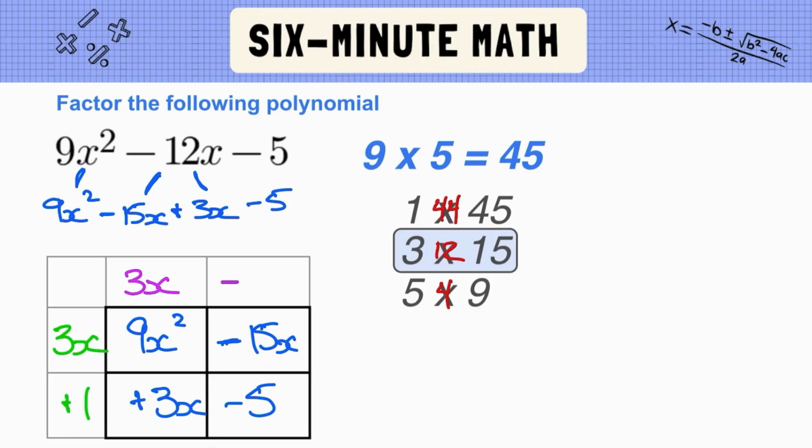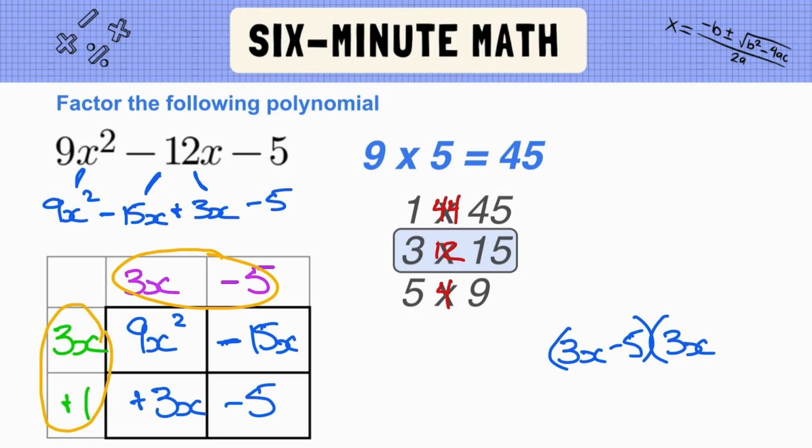My greatest common factor in that is going to be negative 5 because that edge value is a negative. This gives me my final binomial terms of 3x minus 5 times 3x plus 1.